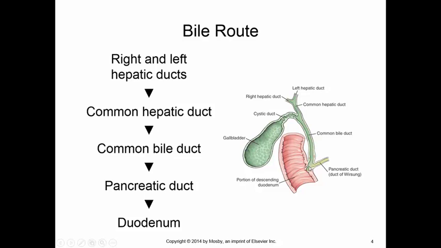We'll talk about that in a couple slides, so don't worry about writing that right now. Anyways, where these two meet up, the common bile duct and the pancreatic duct, they empty into the duodenum. Okay, so once bile leaves the liver, it's either going into the gallbladder or directly out through the common bile duct into the duodenum, where it will help emulsify fats.